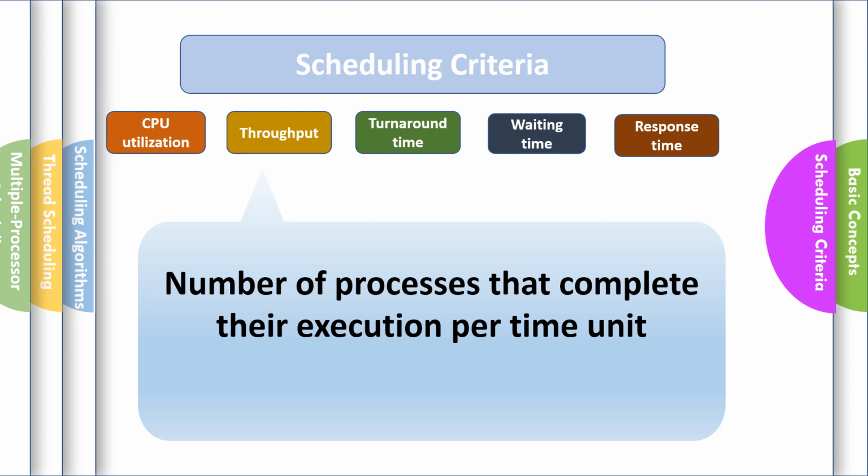So if one system executes 5 programs in 1 hour and another system finishes 10 programs in 1 hour, that means the second system's throughput is higher than the first system's. So more processes finishing is what we expect.